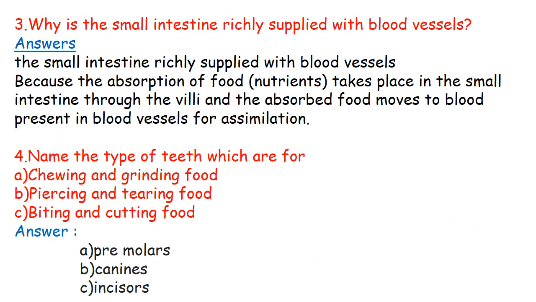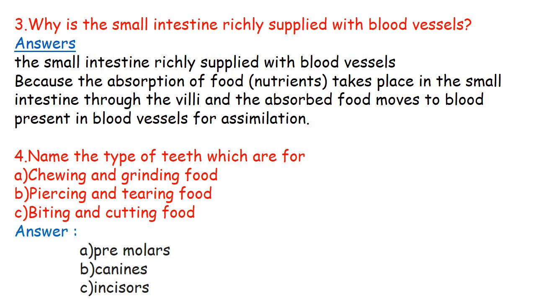Now the next question. Why is the small intestine richly supplied with blood vessels? You have already learned that the small intestine possesses small projections called villi, and these are supplied with blood vessels. What is the main function of this rich supply of blood vessels?